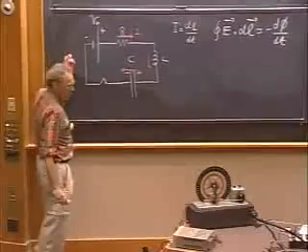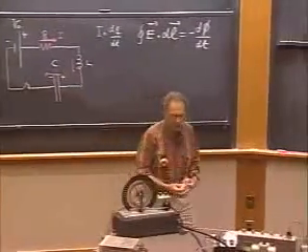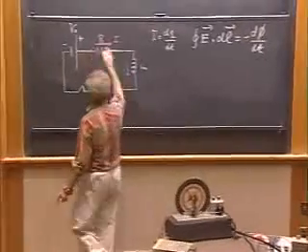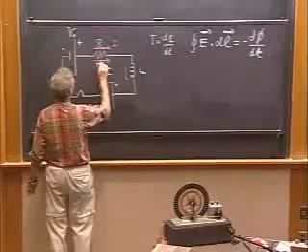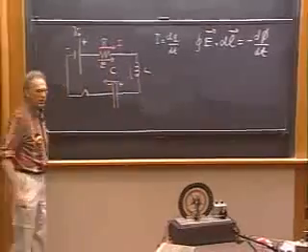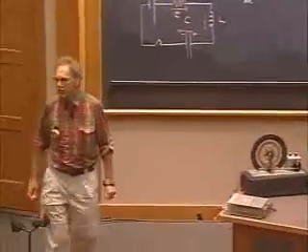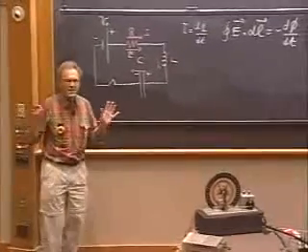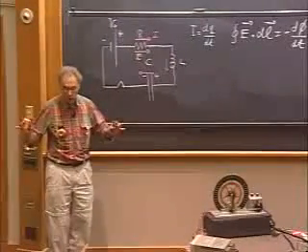And so I want to know what the E vectors are in each one of these components. If the current is in this direction, then the electric field in the resistor is in this direction. The self-inductor is made of superconducting wire, so there is never any E field inside a self-inductor.